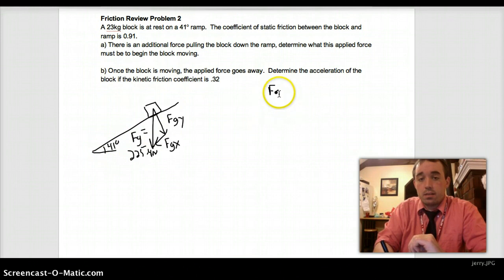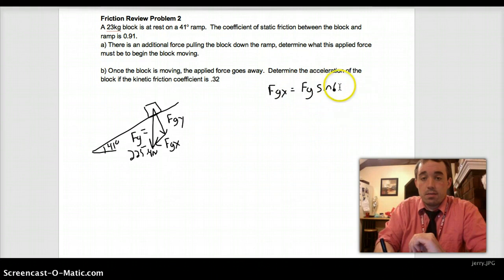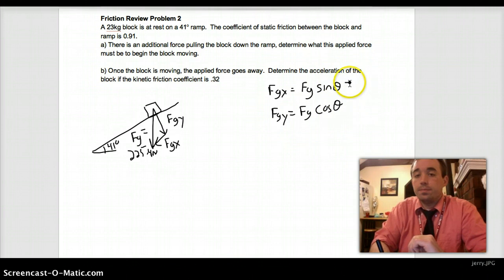Our FGX is always for a ramp equal to our FG times the sine of the angle, and FGY, similar, is FG cosine of the angle.